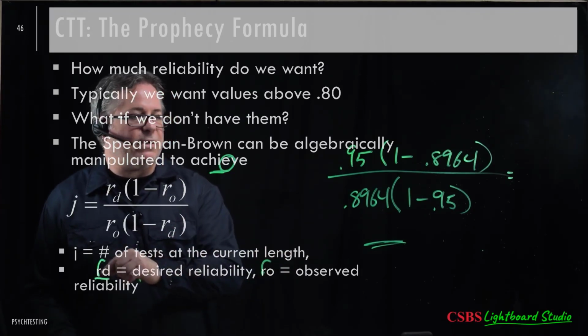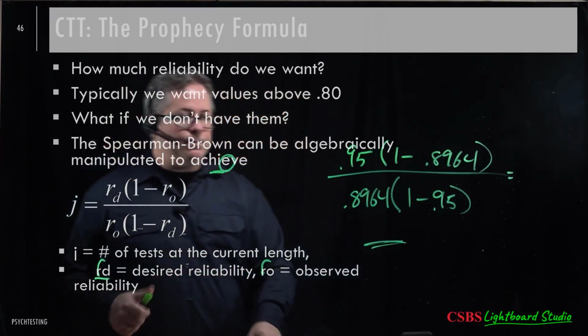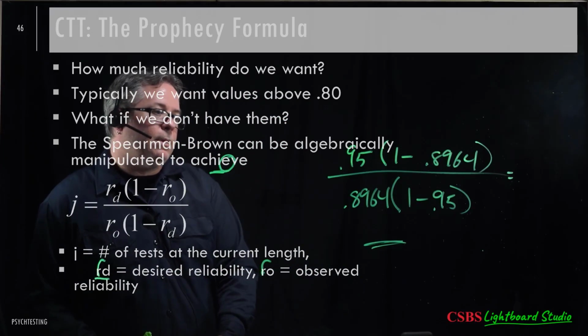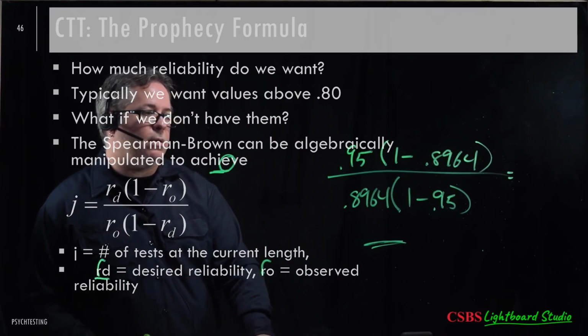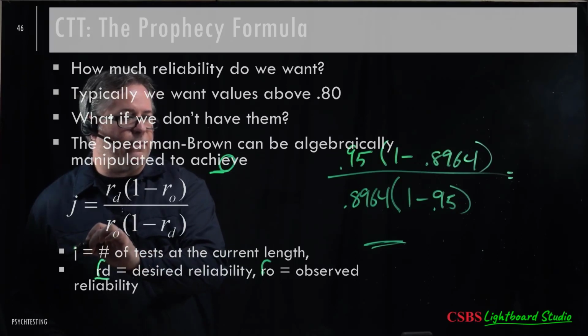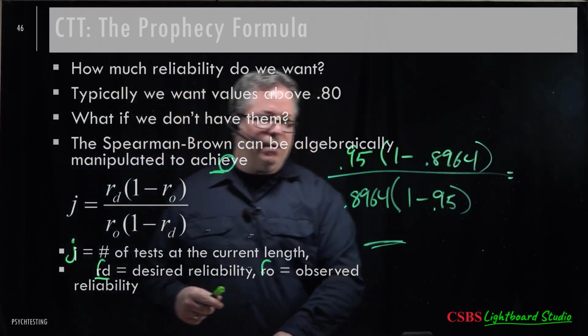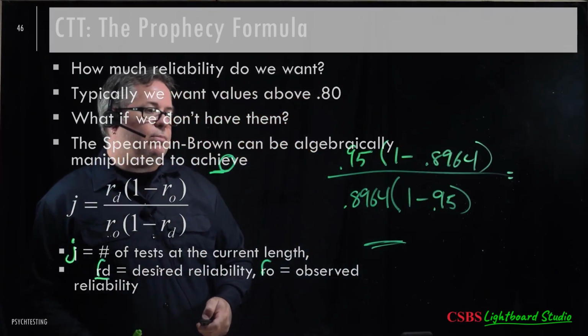So D is desired, O is observed. It's weird, it's a font thing, I believe. It got this font switched. It makes it look like an I instead of a J. It's supposed to be a J.